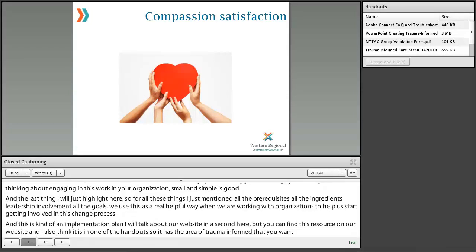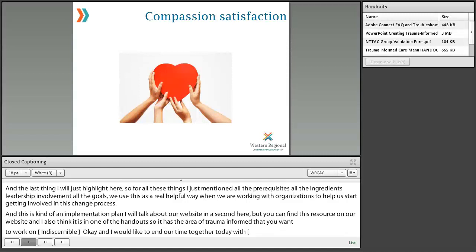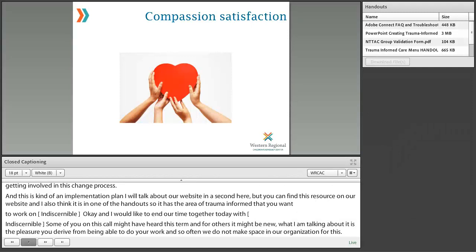Okay, and I'd like to end our time together today with compassion satisfaction. Some of you on this call might have heard this term. For others, it might be new. What I'm talking about here is the pleasure you derive from being able to do your work. And we often really don't make space for this in our organizations. It's really easy for us to rattle off all the things that we don't like, but really think about when was the last time you were asked what you love about your job and why you do this.